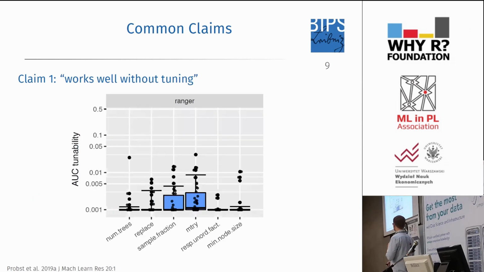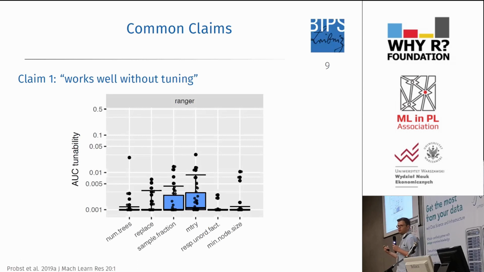In detail, they analyze the different parameters of random forest and their effect on the performance. The tunability here is the difference of AUC of a non-tuned random forest and a tuned random forest. For example, this point here will give you an almost 0.05 AUC increase on one data set if you tune the mtry value. You see first, these numbers are quite low.